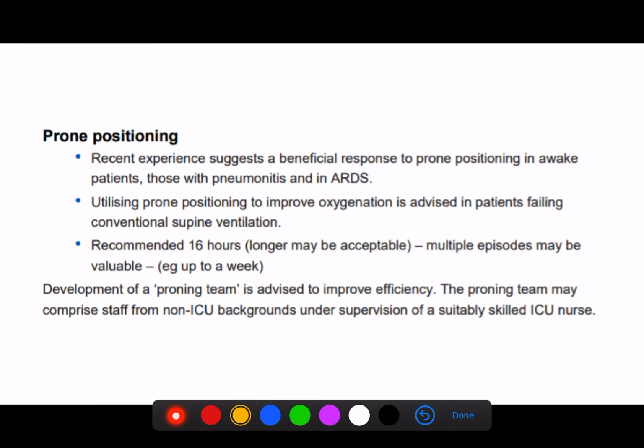Generally speaking, the longer you keep a patient prone, the better, but for nursing needs and for changing lines and doing other things, I think turning them over every so often is actually quite useful, and they can get quite nasty pressure sores, and also they can get quite bad facial edema if they're kept prone for long periods of time.